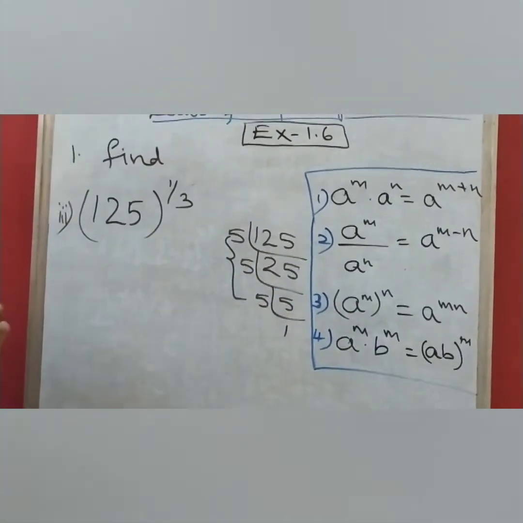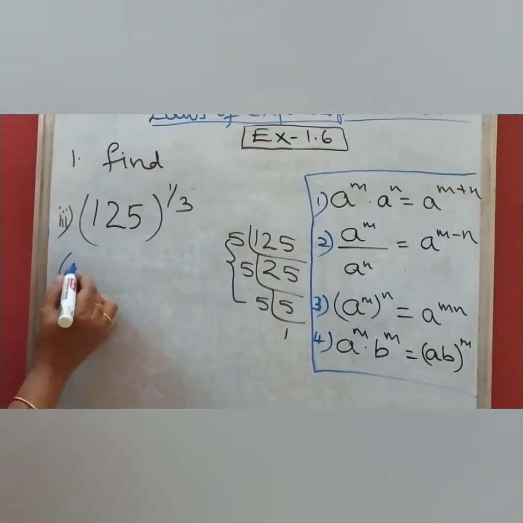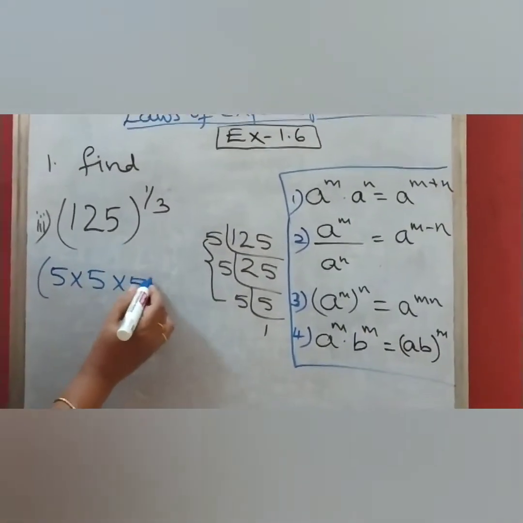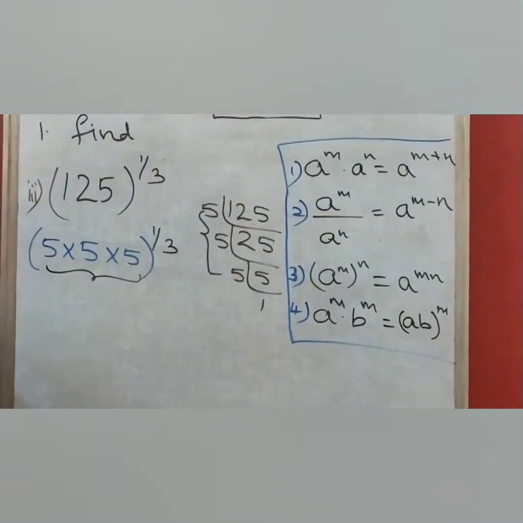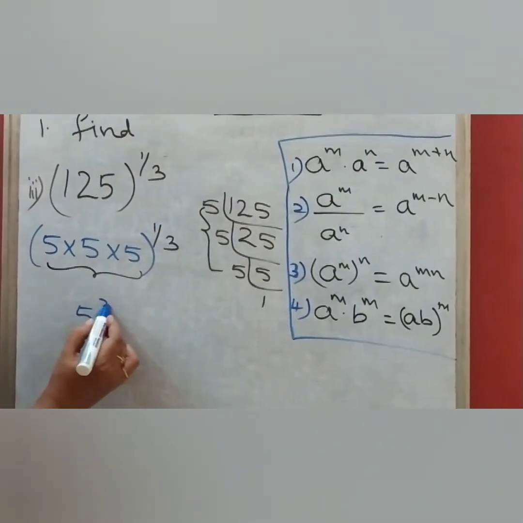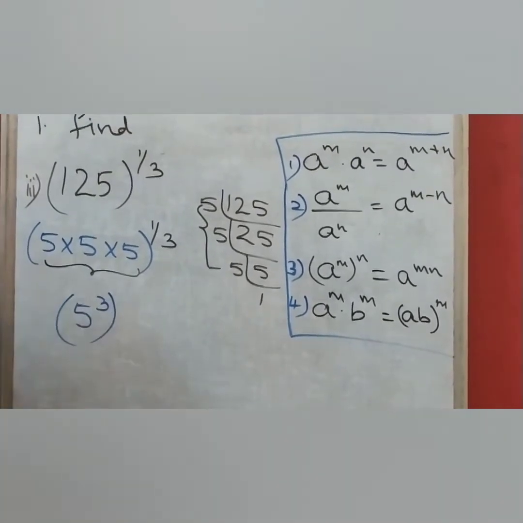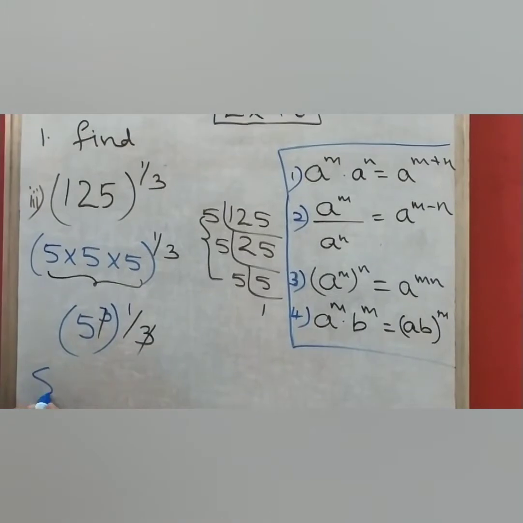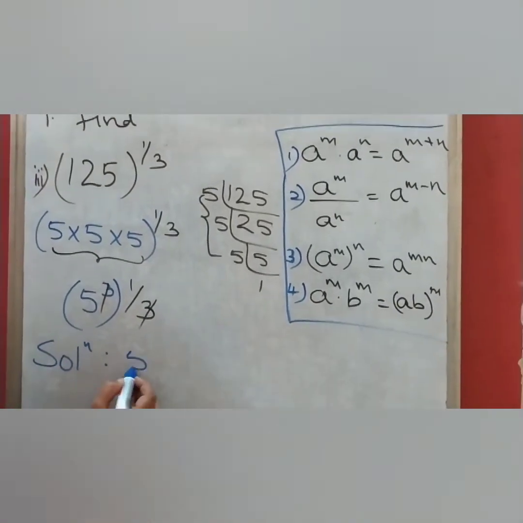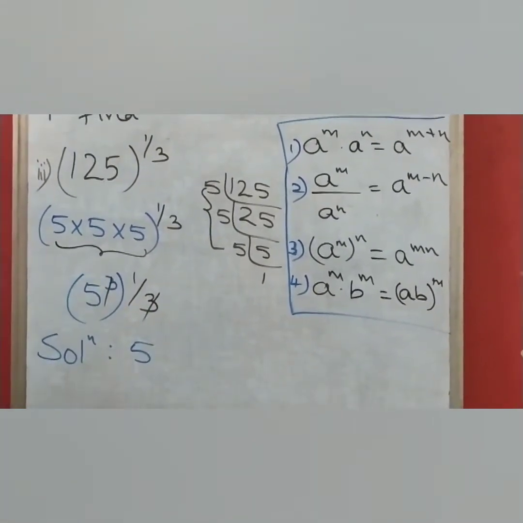So how many 5s? 3 5s. So you can write this bracket 5 into 5 into 5 the whole power 1 by 3. How many 5s? 3. So 5 to the power of 3 into 1 by 3. Can I cancel 3 and 3? Yes. So what is my answer? My answer is 5. 5 power 1 means 5 only.